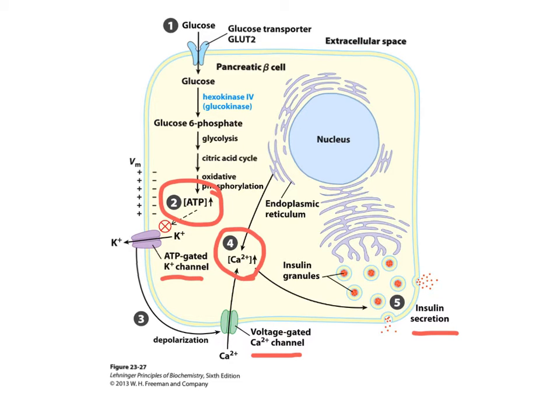Remember that we had mentioned that these ATP-gated potassium channels are the targets of the sulfonylureas, which are drugs used in the treatment of diabetes. These sulfonylureas can essentially cause the closing of the ATP-gated potassium channels, which will then again result in the secretion of insulin from the pancreatic beta cells.